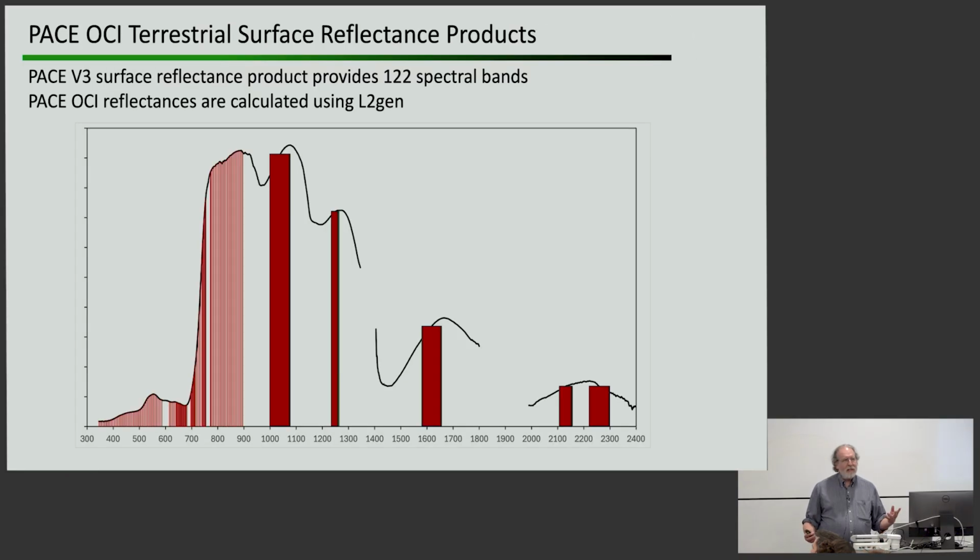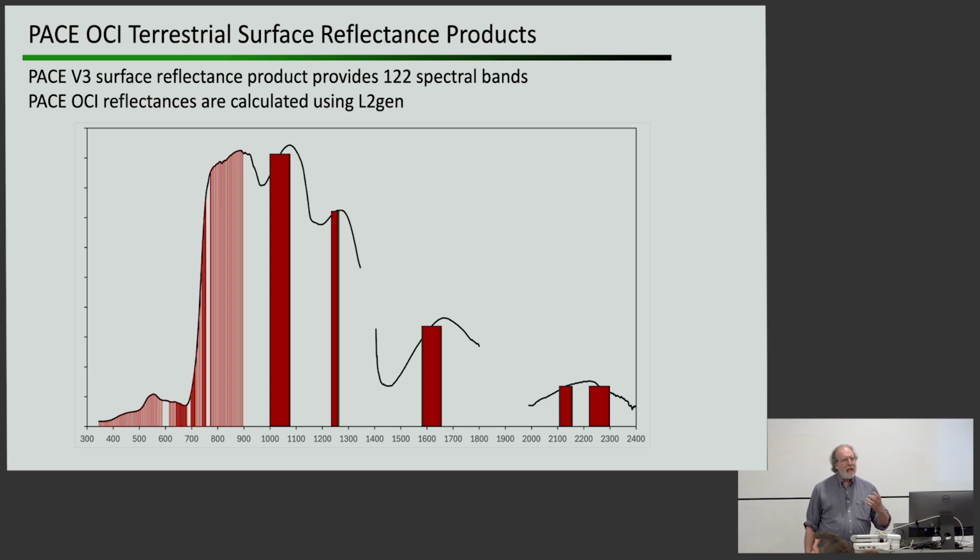So I probably don't really need to talk a lot about the nature of the PACE products, but I just wanted to take a second for those of you that aren't land remote sensing people. This is a plot showing a typical terrestrial green plant vegetation reflectance. It's of a cornfield down the road here. And the red lines are basically where the PACE land bands are.